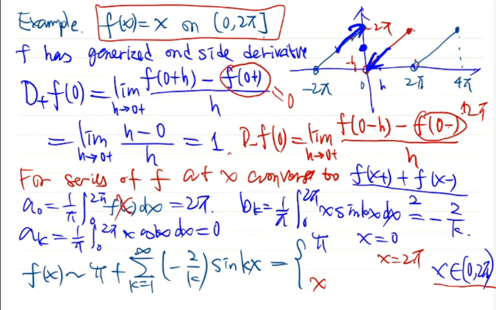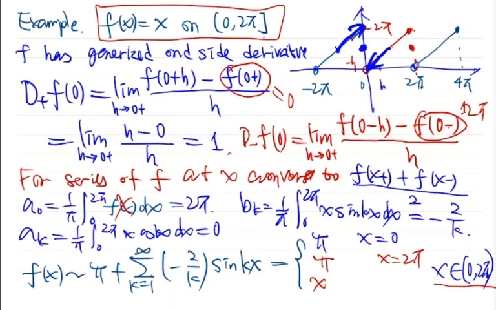It's not continuous at 2 pi, but the one side limit exists, and the Fourier series converges to the mean value of the one side limit. Now at 2 pi, the left limit is 2 pi. The right limit is 0. So the mean value is pi. So when x equal to 2 pi, the result is still pi. Okay, so this is the result.